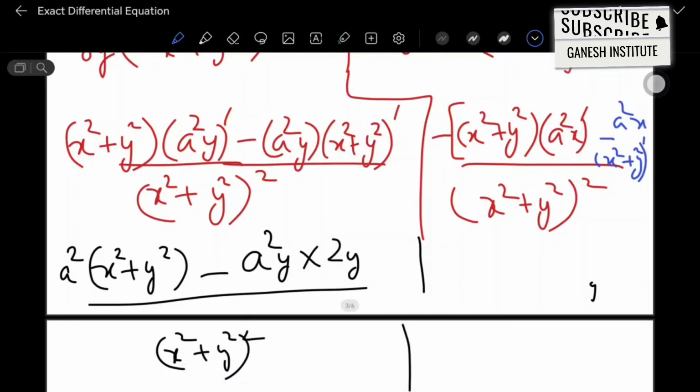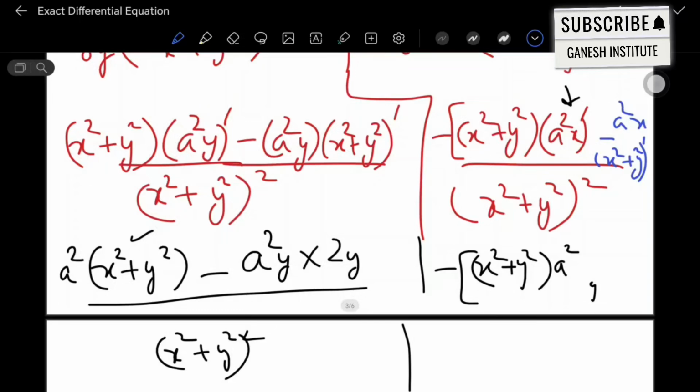Now I can distribute the minus. Let's do it later on. So for this x square, I need to do it with respect to x. So differentiation of x is 1, only a square is left. So (x square plus y square) into a square, that is the same, right? And then here, differentiation of this thing with respect to x.